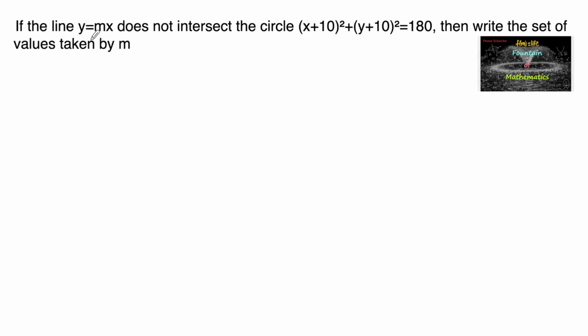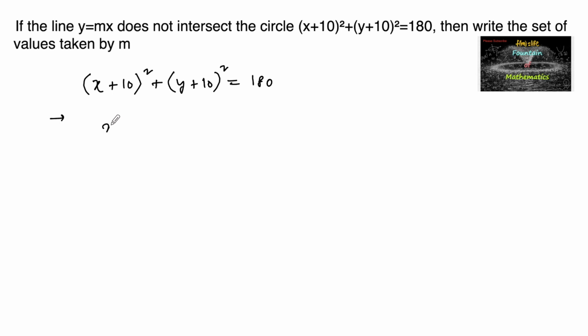If the line y is equal to mx does not intersect the circle x plus 10 whole square plus y plus 10 whole square is equal to 180, then write the set of values taken by m. So here the circle equation, x plus 10 whole square plus y plus 10 whole square is equal to 180.